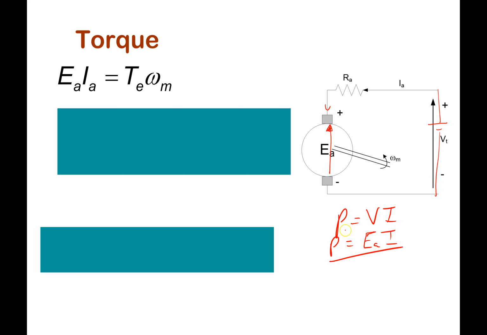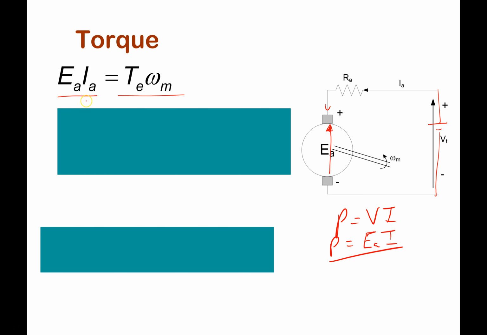So I know EA IA, which is the electrical power, is equal to TE by omega m. This is basically power is equal to force by velocity. Since we're in a rotating system, angular force, which is torque, by angular velocity, which is omega.